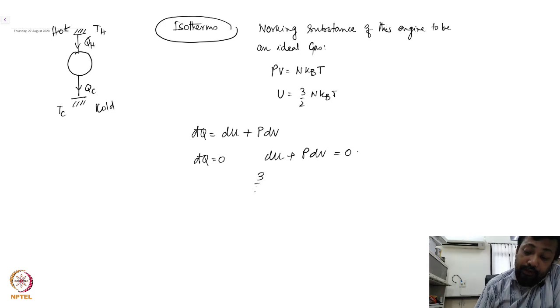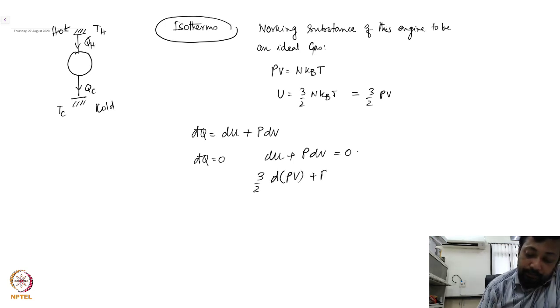So dU is 3/2 d(PV). Let's just write this over here: 3/2 d(PV) plus PdV is equal to 0, so 3/2 PdV plus 3/2 VdP plus PdV must be equal to 0.